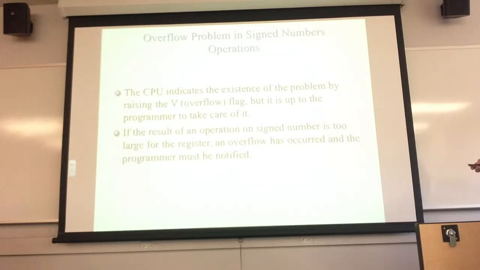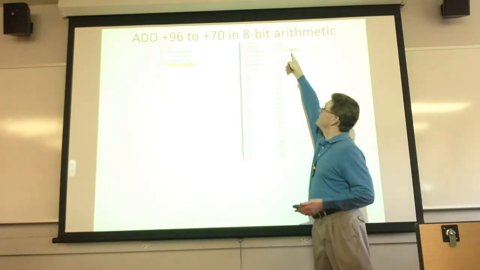All right, the result of an operation on signed numbers is too large. It's just too large, and the overflow has occurred, and you've got to be notified of when this happens. All right, so if we take plus 96 and add it to 70 in 8-bit arithmetic, I'm going to get this A6 back here, and I'm going to notice that the V flag and the N flag are both raised. The V flag is raised because it is an overflow.